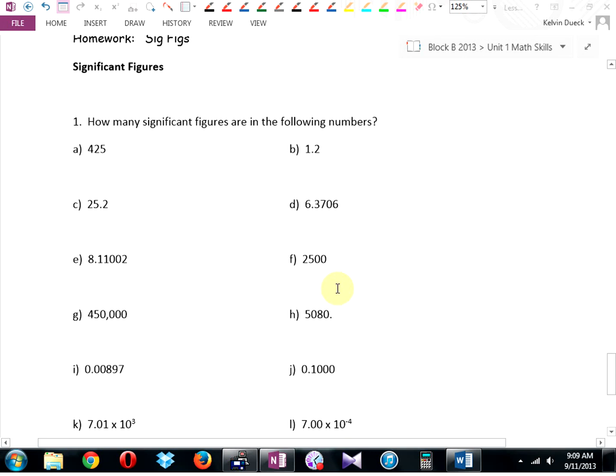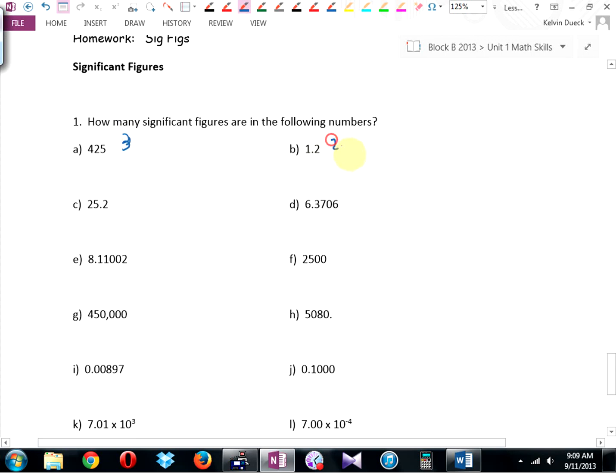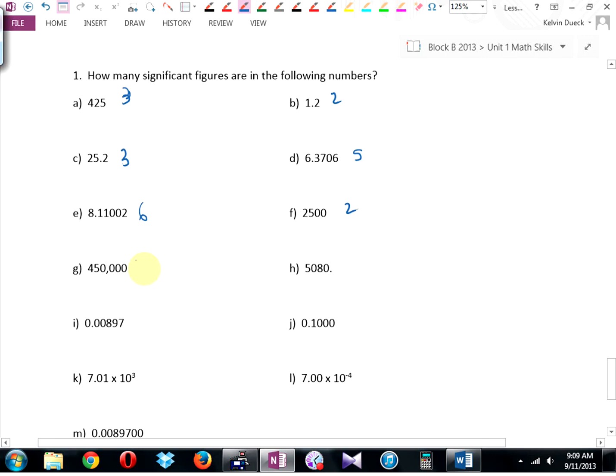How many sig figs in 1A? 425, how many? 3. Going across, how many? 2. How many? 3. How many? Next one. 2. Next one. 2. 4 because of that decimal.